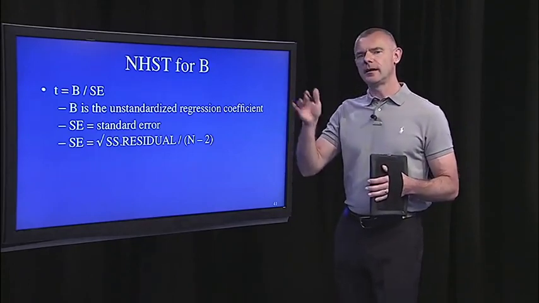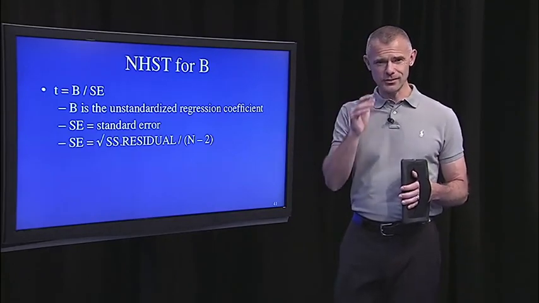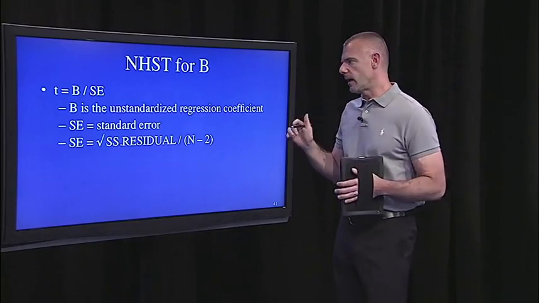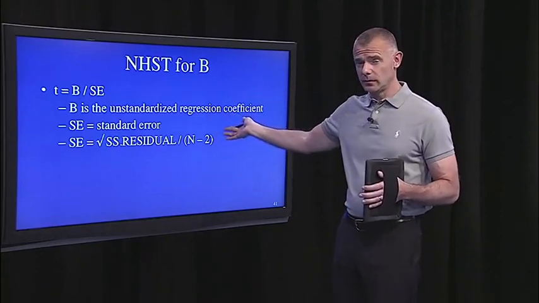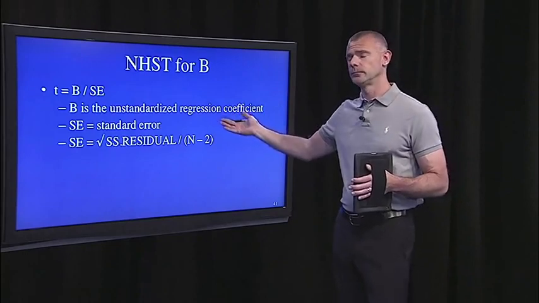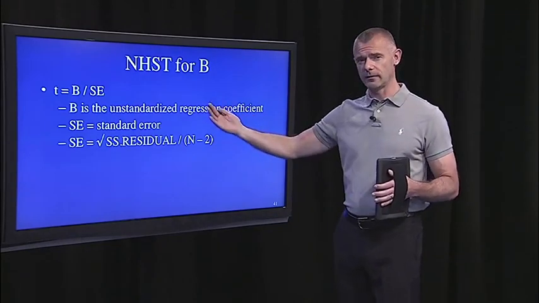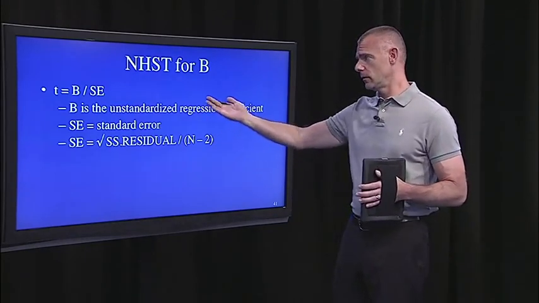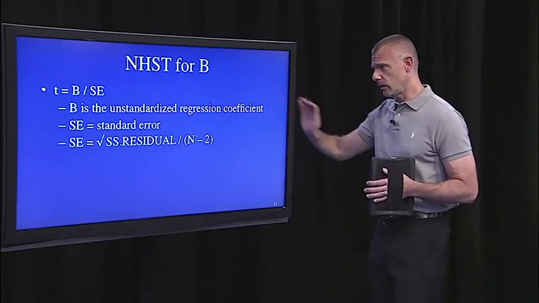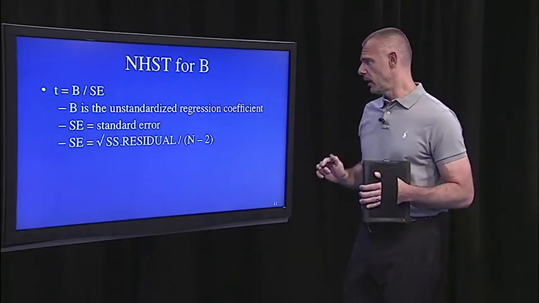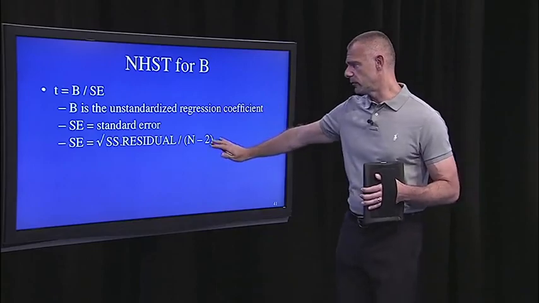And we can calculate standard error for any statistic, not just the mean. We can calculate it for a slope of a regression line. So I could calculate the standard error for the regression coefficient b. And the formula for that is presented here.